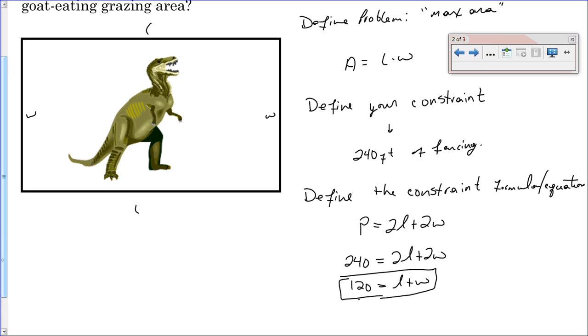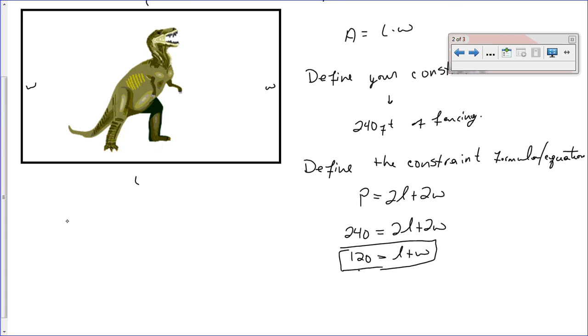Now, I'm going to move over here a little bit so I have more room to write. It says, use the constraint to simplify the main problem. What does that mean?